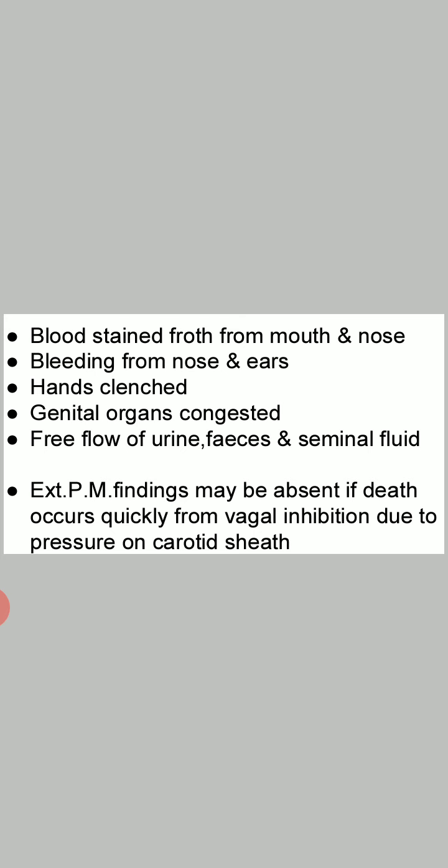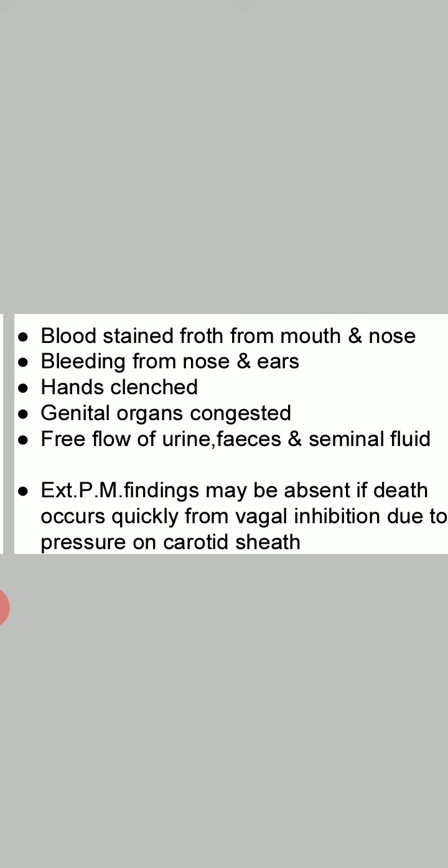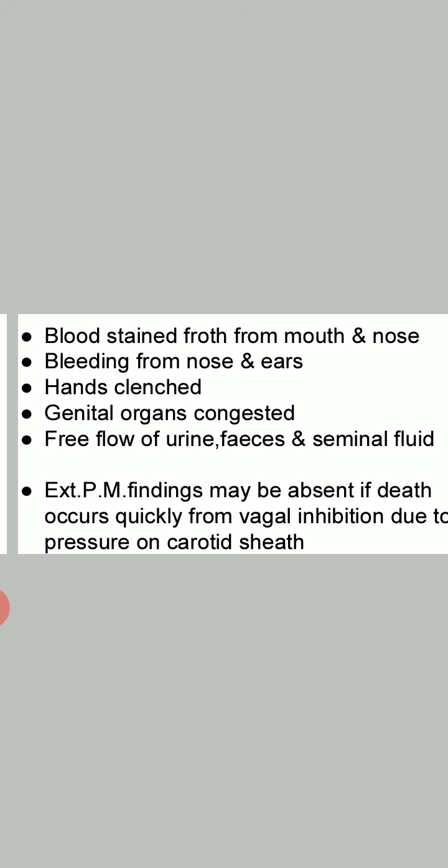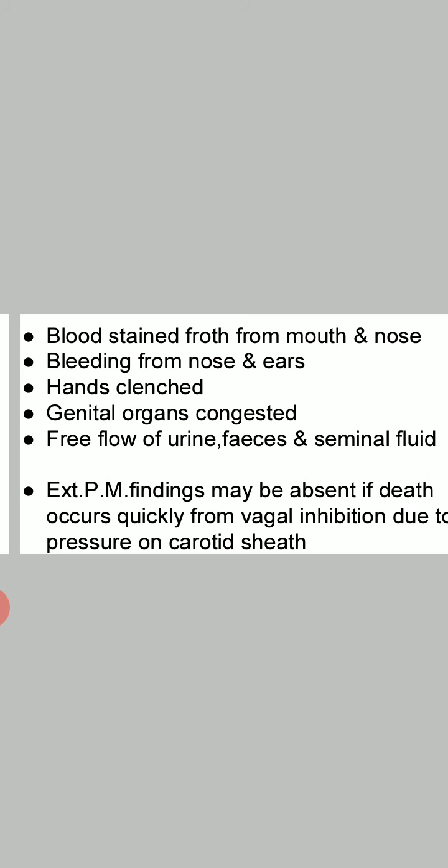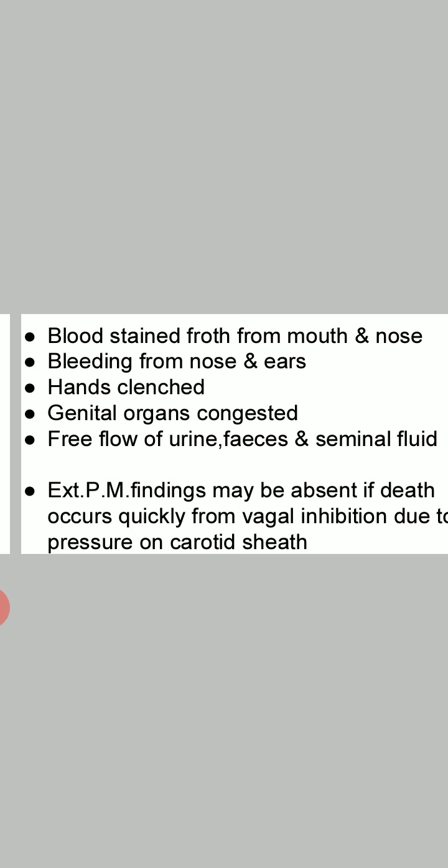External postmortem findings may be absent if death occurs quickly from vagal inhibition due to pressure on the carotid sheath. So these are the general signs of asphyxia. To a greater or lesser extent, you will find these signs of asphyxia in all modes of asphyxial death. These are not the specific signs of strangulation.